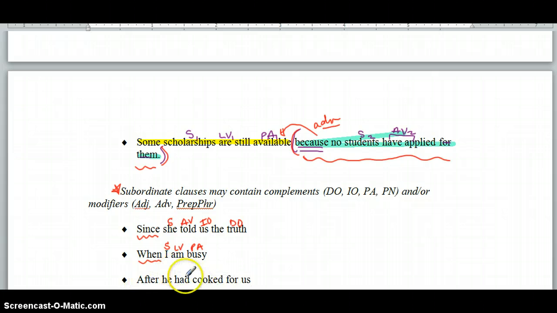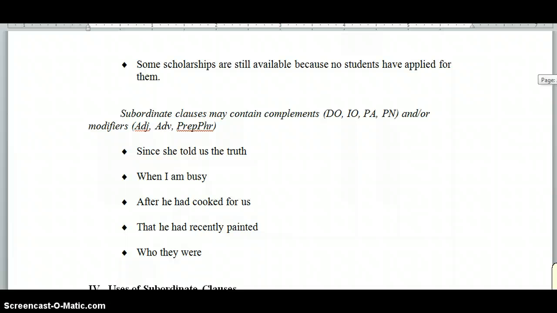After he had cooked for us, had cooked, action verb, he, for us is an adverb prep phrase, and after introduces the subordinating clause. He had recently painted. Had painted is your action verb. Recently is going to be an adverb. He is your subject.